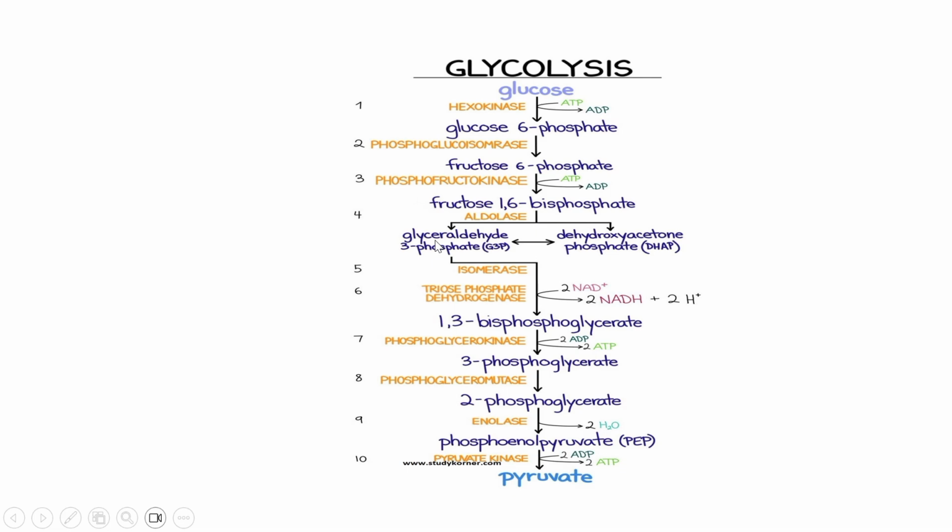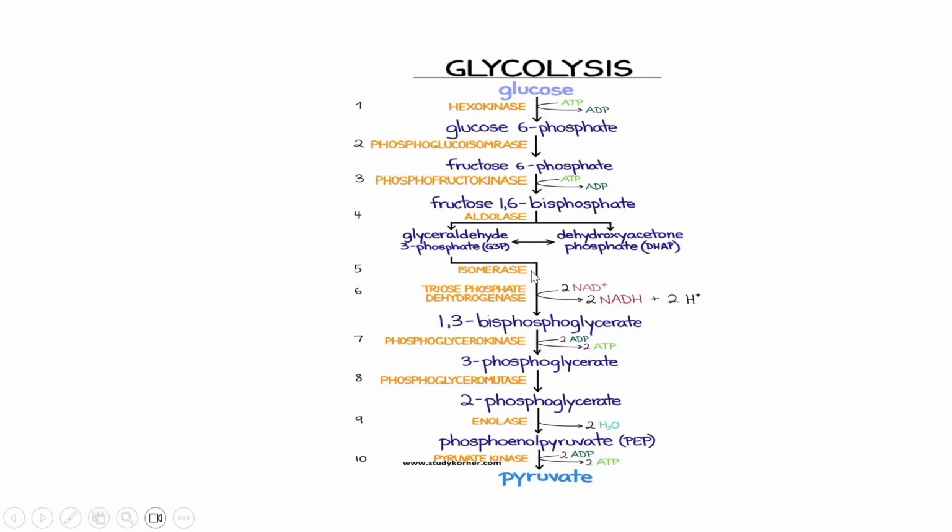When we come to step 4, it's the splitting stage. We split the fructose 1,6-bisphosphate into 2. We split it into glyceraldehyde 3-phosphate and dihydroxyacetone phosphate.